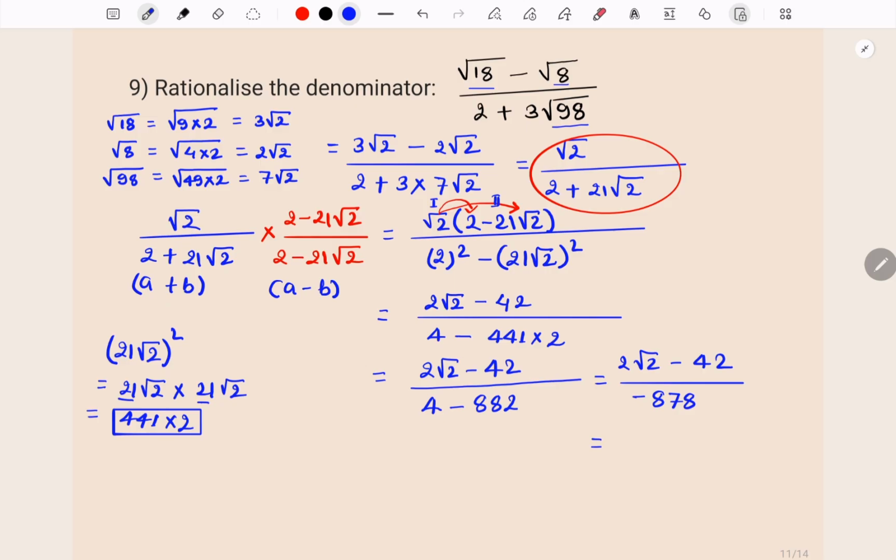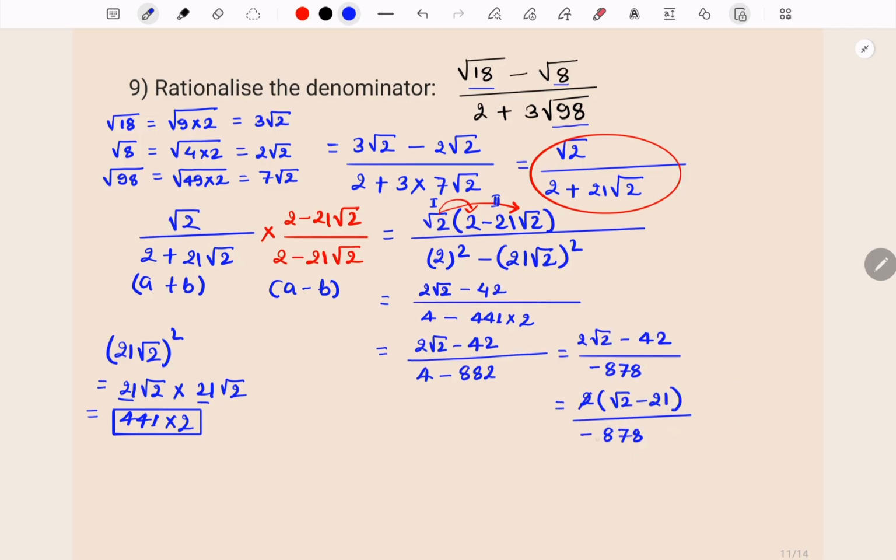Now, let's factor out 2 from the numerator. So, I can write it as 2 multiplied by root 2 minus 21, right? And in the denominator, we will have negative 878. 2 divides 878 by 439.